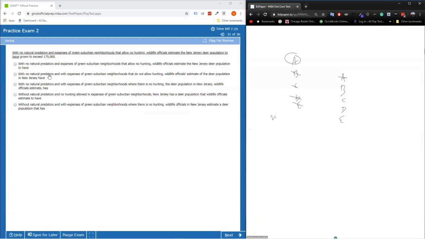With no natural predators, and actually it's deer that have no natural predators, not wildlife officials, so A is definitely wrong. With no natural predators and with the expanses of green suburban neighborhoods that do not allow hunting, wildlife officials, no, it's deer. That has to come after the comma. With no natural predators and with expanses of green suburban neighborhoods where there is no hunting, the deer population in New Jersey, wildlife, I don't like that.